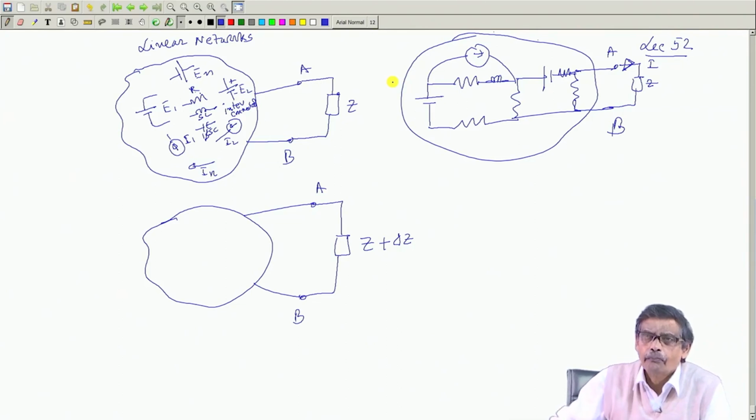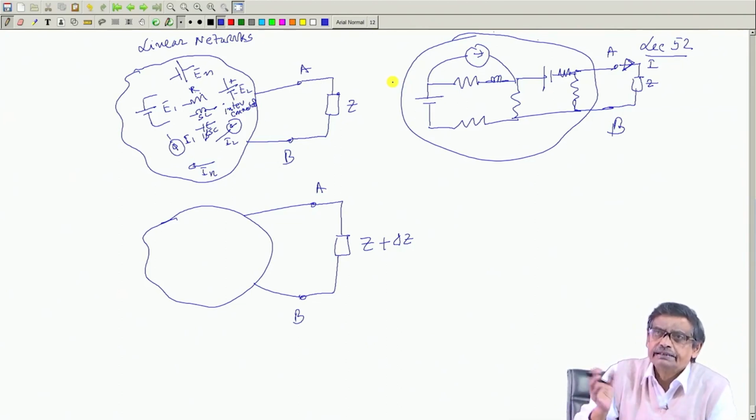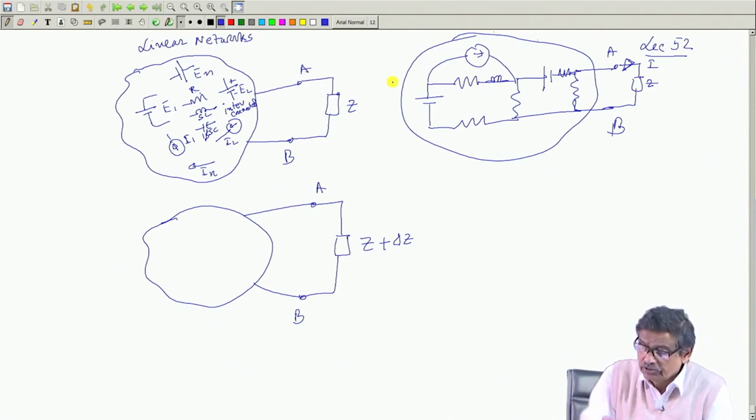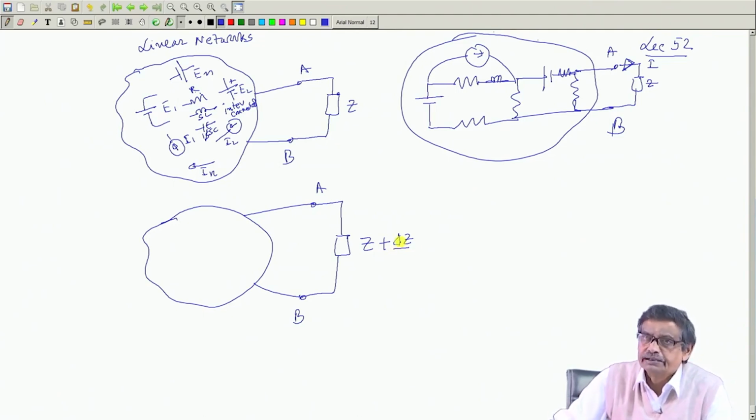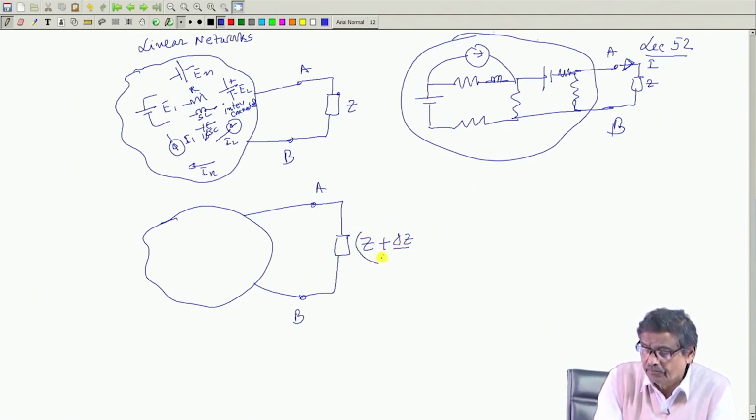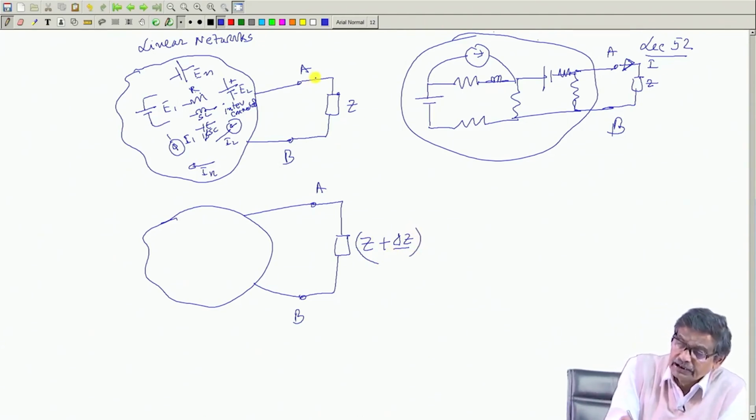Earlier it was 5 ohm, I have made it 8 ohm, that means there is a change of 3 ohm. So this delta Z is not calculus delta Z, it can be anything. With respect to the older value of Z, I have made a change, so that the total impedance now becomes Z plus delta Z. Suppose in the original network, when Z was connected, the current was I.